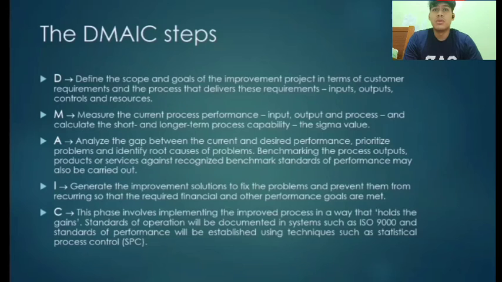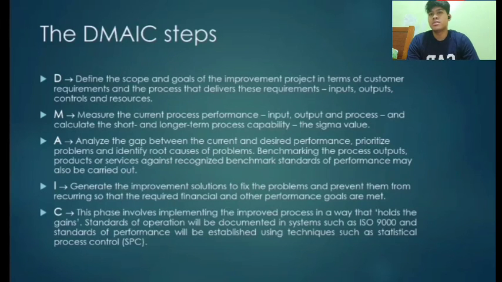Then, we can try benchmarking the process outputs, the products or services against recognized benchmark standards or performance may also be carried out. So, I is for improvement. Generating the improvement solutions to fix the problem and prevent them from reoccurring so that the required financial and other performance goals are met.